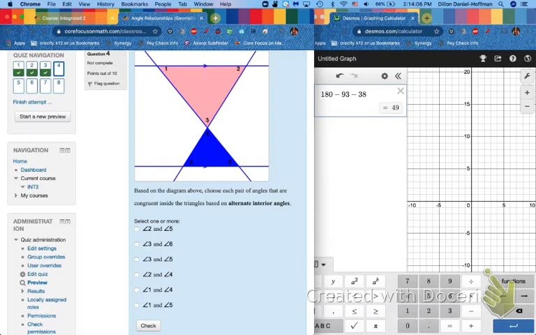Okay, let's see if you got it right. 1 is on the interior, it's on the right side, so I have to go to the left side down here, and it's 5. That matches 1. And then 2, it's on the left side, so the right side down here is 4. I can ignore everything in the middle. These are different angles, and there are no numbers on the exterior to try and fool me, so that's it.